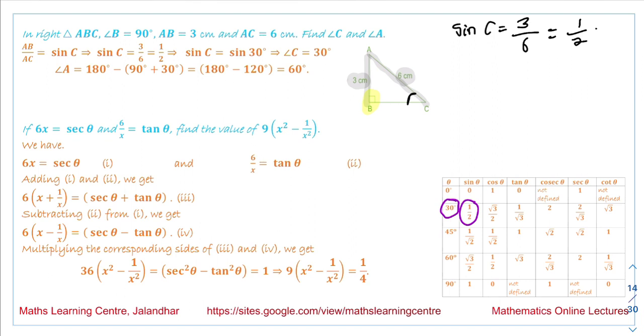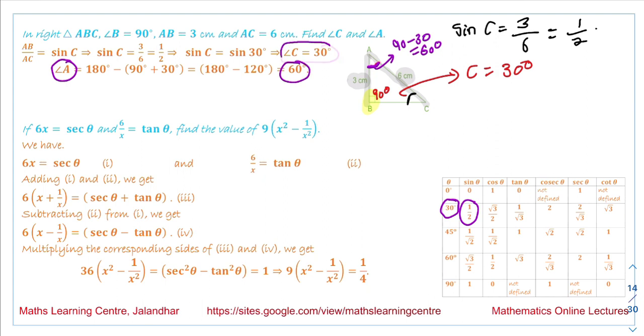It means C should be equal to 30 degree. This angle we have 90 degree. So this angle at A will be 90 minus 30, that is equal to 60 degree. So these are the values of the angle. Angle A is 60 degree and angle C is 30 degree.